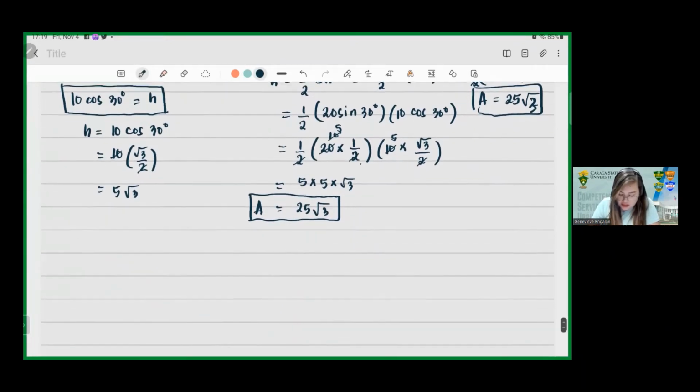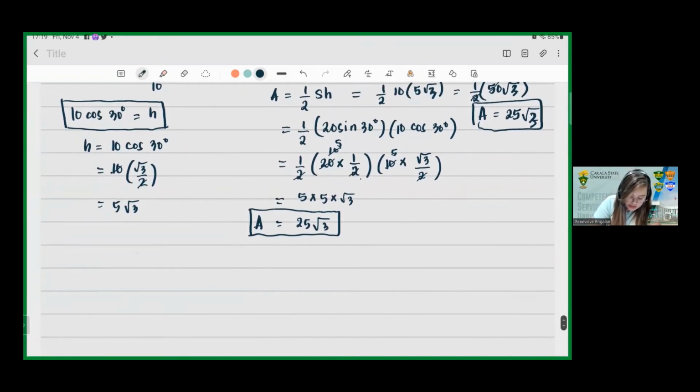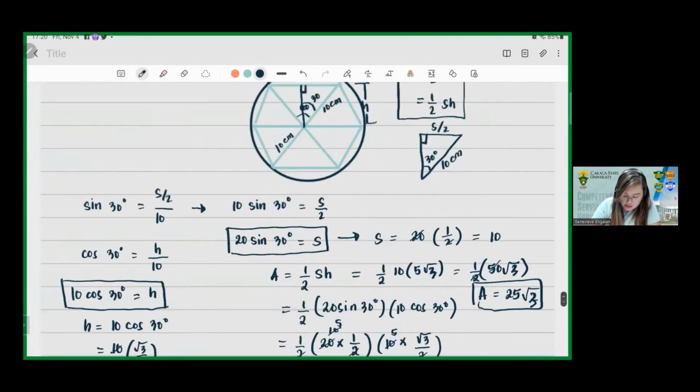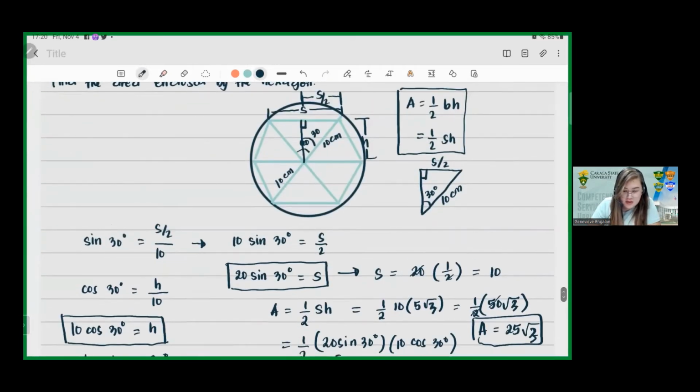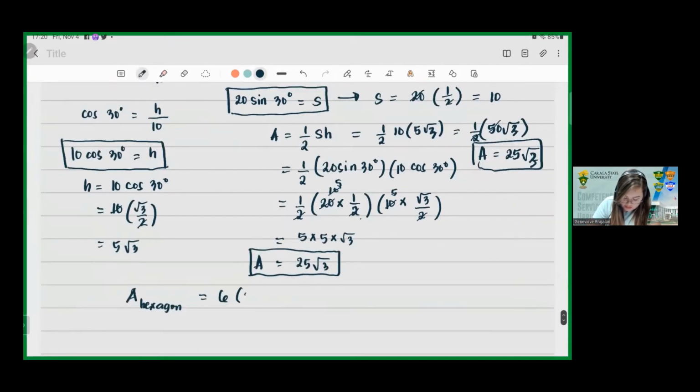Okay. So, ang area sa isa ka triangle. So, sa hexagon. So, ang area sa hexagon. Pila man tong ka triangle ang sulod sa hexagon? We have, nung kabuok, 1, 2, 3, 4, 5, 6. So, you have 6 times 25 square root of 3. So, you have 6 times 25, that is 150.